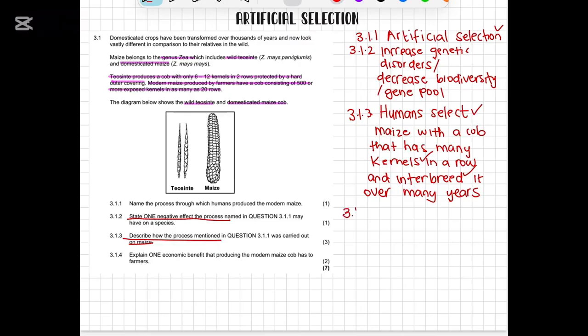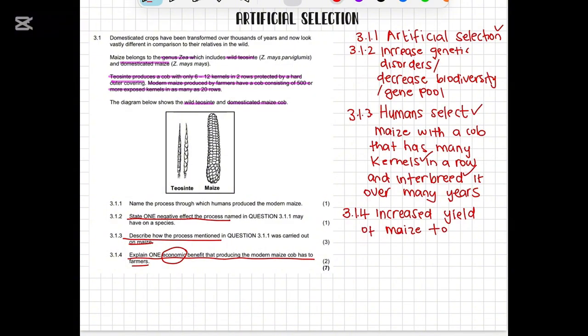Now the last question says, explain one economic benefit that producing modern maize cobs has for farmers. So we're looking at a monetary advantage for farmers, and we know that high yield means high profit.